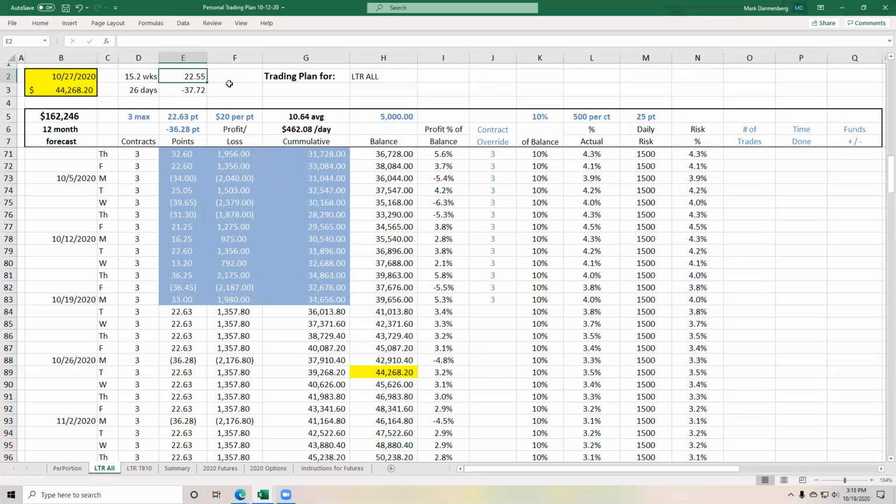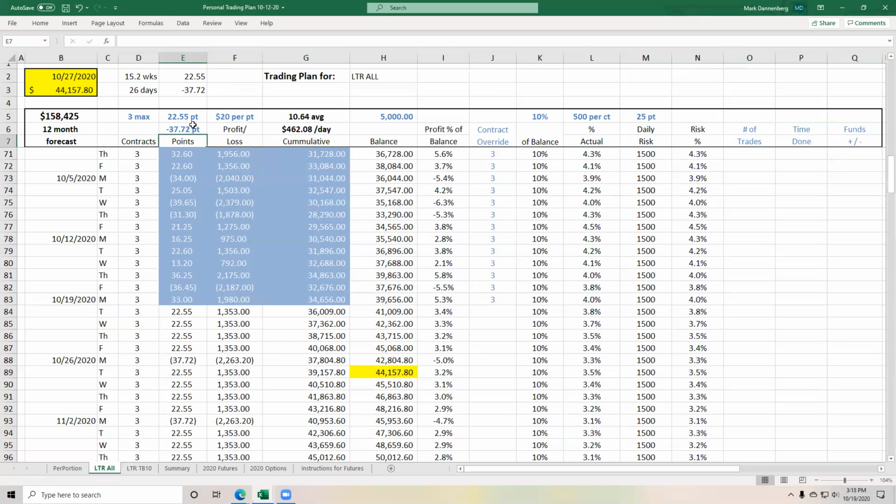Now, the most important thing we do with those values, because these are our run rates, is we plug them into our forecast information. So here, we're going to forecast the rest of our 37 weeks at the run rate values. So 22.55 is what we're going to forecast going forward for our winning days, and minus 37.72 is what we're going to forecast going forward for our losing days.